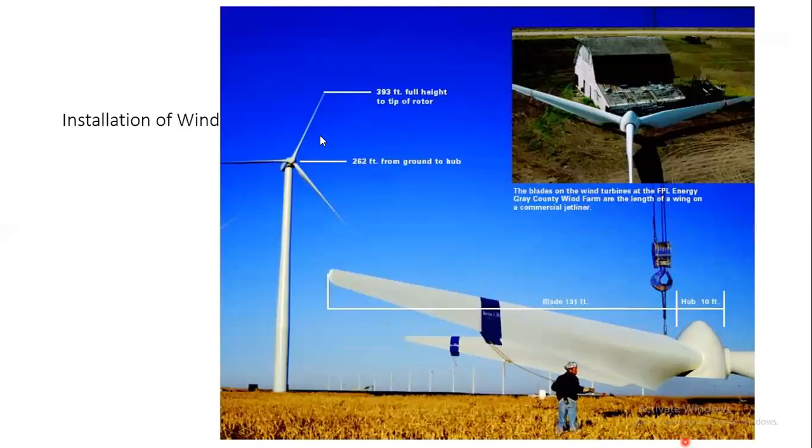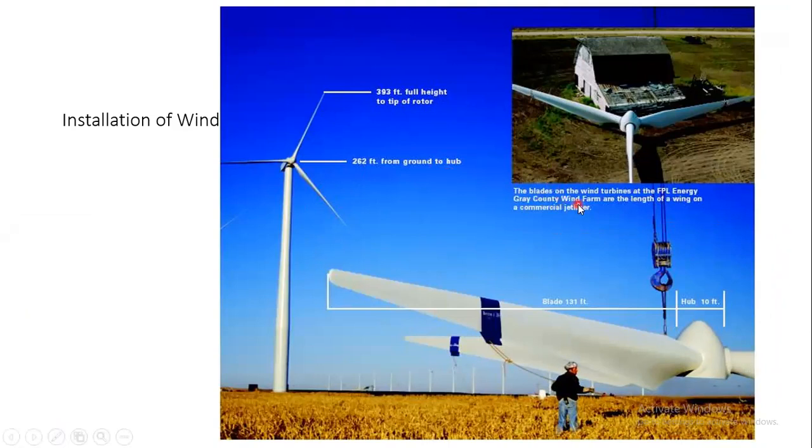In the installation you can see the maximum height of the rotor is 339 feet, full height to the tip of the rotor, and the center point of the rotor is 262 feet from the ground to the hub. That is the installation aspect, as we install in a wind farm.